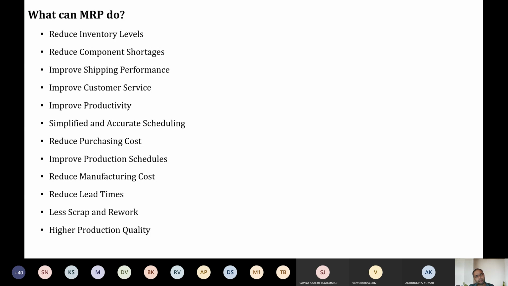And when you have pre-planned things, automatically the lead time, which is the time taken to fulfill an order, is going to come down. When you know how much you are going to consume, you can reduce the wastages, or reduce the scrap.